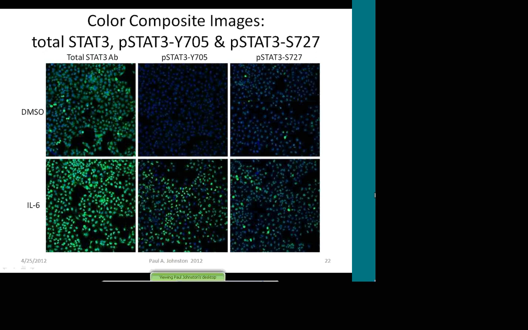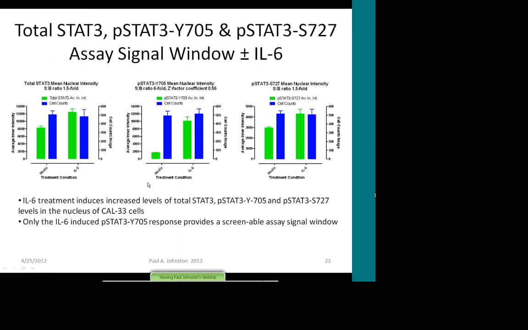And here I'm just showing you the color composite images of the three antibodies: total STAT3 antibody, DMSO treated, and IL-6 treated, the tyrosine 705, and then the serine 727 antibody. And all three antibodies work well for us.